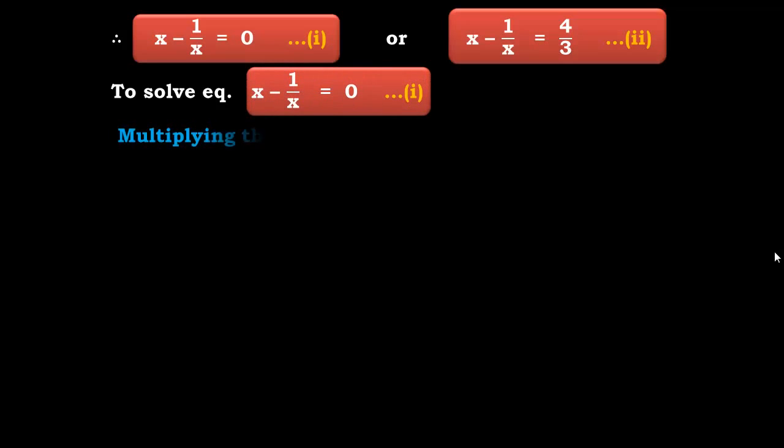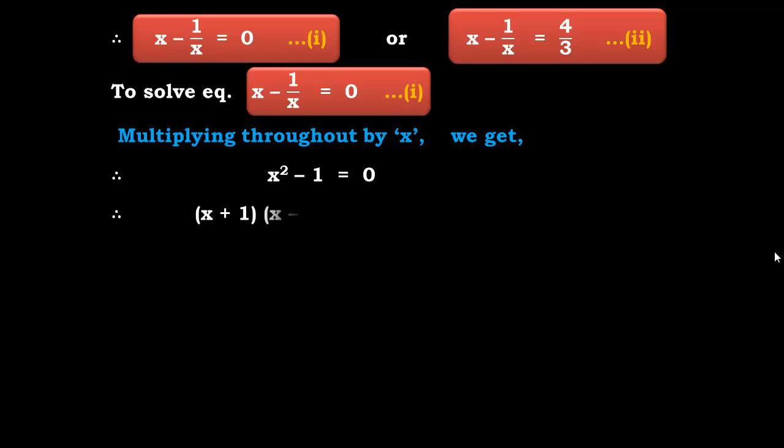Now you can multiply throughout by x. We get x square minus 1 is equal to 0. So you can write factors of x square minus 1 as x plus 1 into x minus 1 is equal to 0. Therefore, x plus 1 is equal to 0 or x minus 1 is equal to 0.